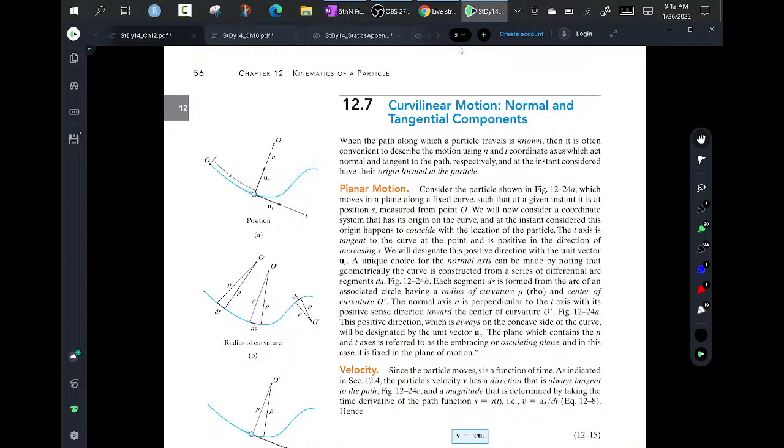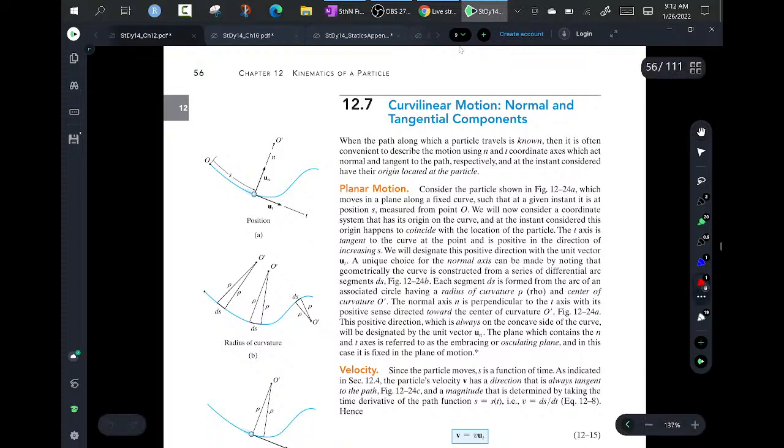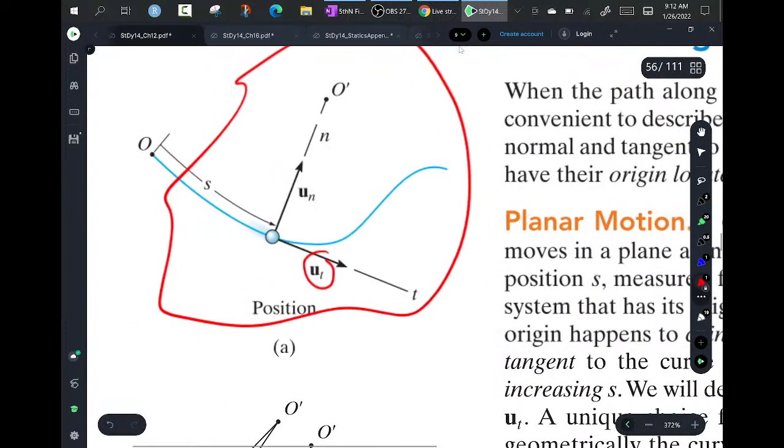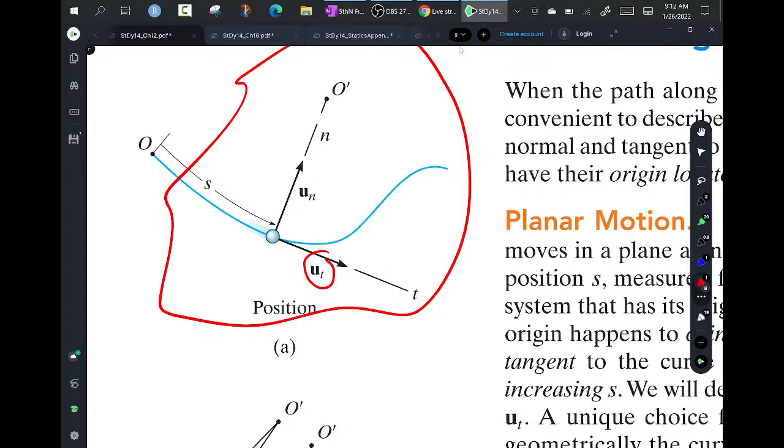It's the curvilinear motion. And so he has all this setup up here, which actually is just his way of determining what the tangential direction and the normal directions are. So he has a tangential direction, so if it was over here, it would be tangent that way. If it was back here, this would be tangent.